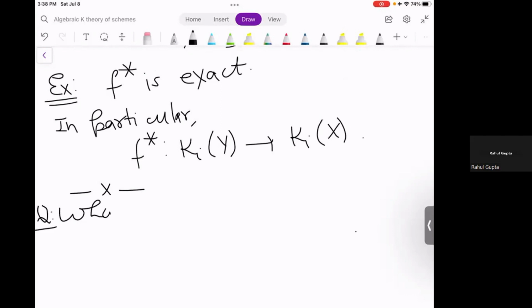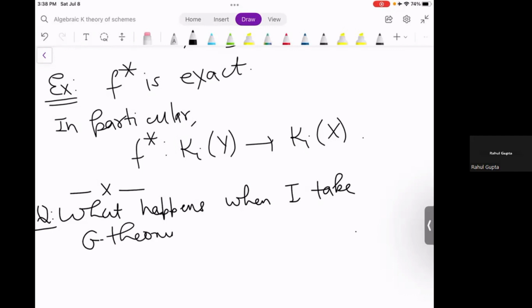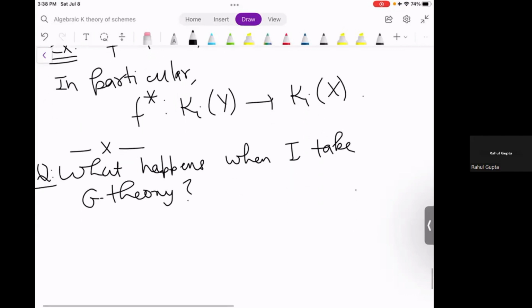Question: what happens when I take G theory? What happens to the pullback? In this context, what happens when I take G theory? If I replace K theory with G theory, what happens? Any guesses?